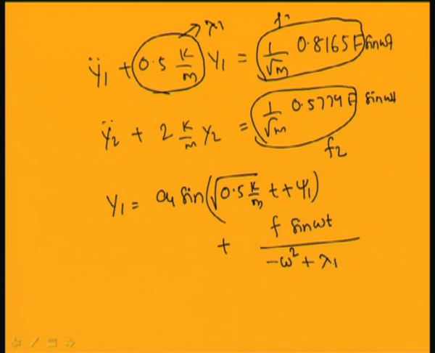So, the solution becomes a1 sin of root over 0.5 k by m t plus psi 1, plus f1 sin omega t by minus omega square plus lambda 1.